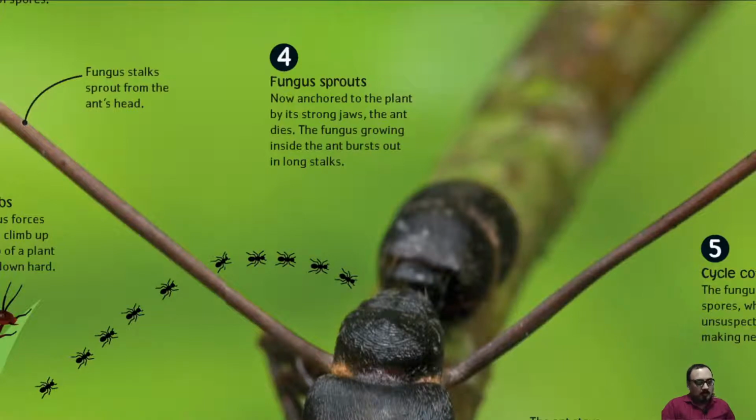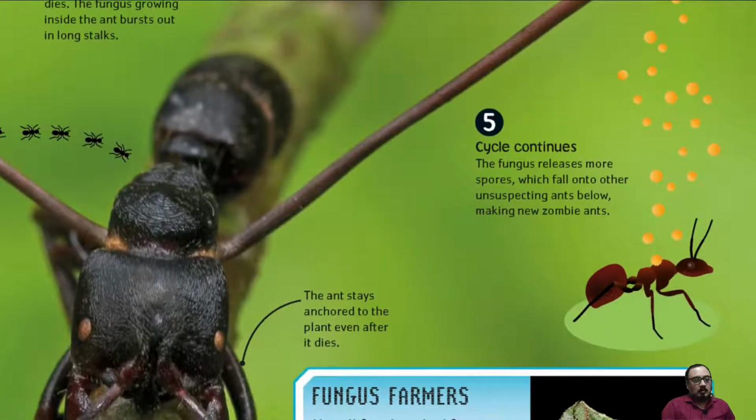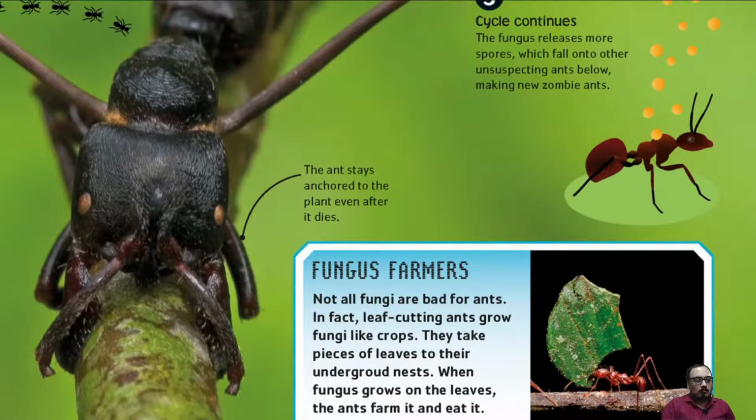The fungus growing inside the ant bursts out into a long stalk. Similarly, this fungus releases more spores, which fall onto other unsuspecting ants below, making new zombie ants.